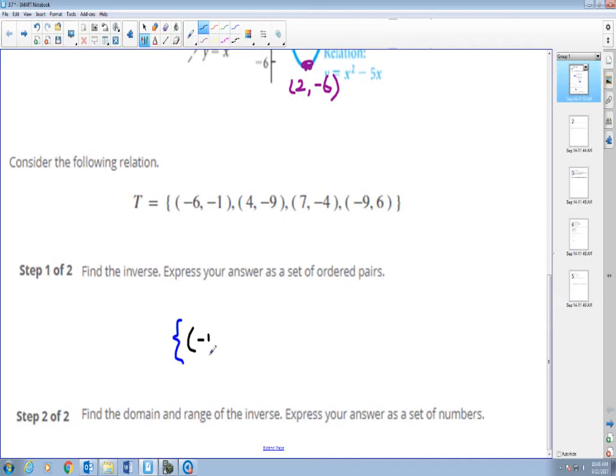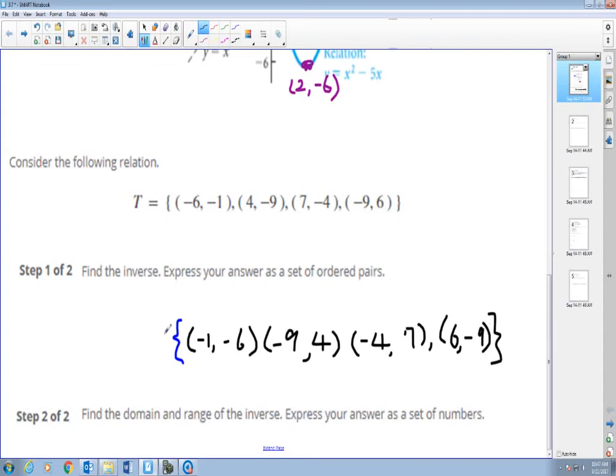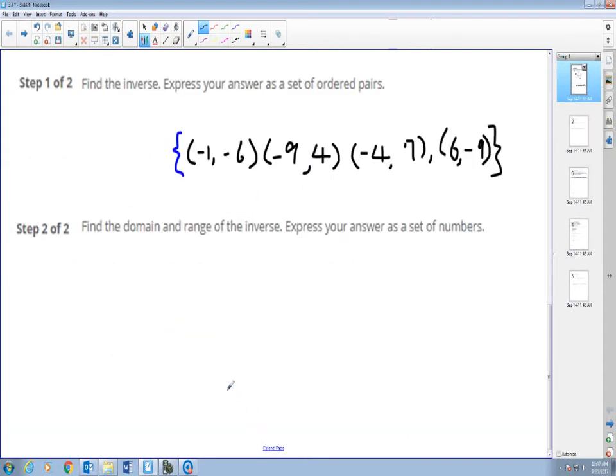So that means I will have (-1, -6), (-9, 4). My next coordinate, interchange the x and y coordinates, (-4, 7), and (6, -9). So that will be my inverse relation.